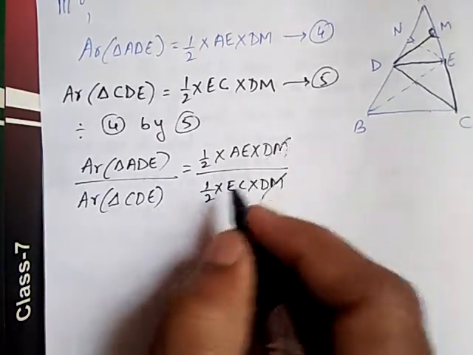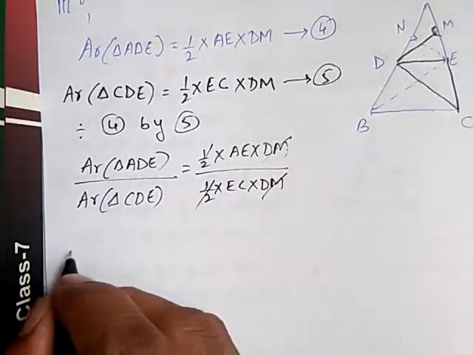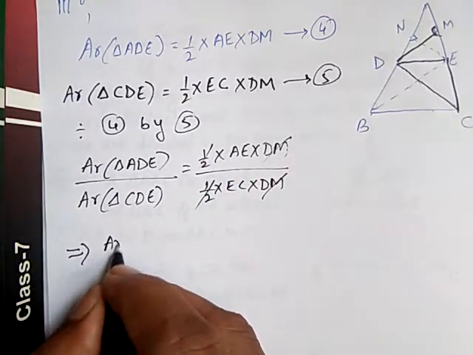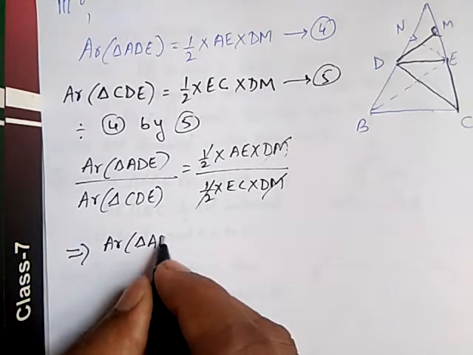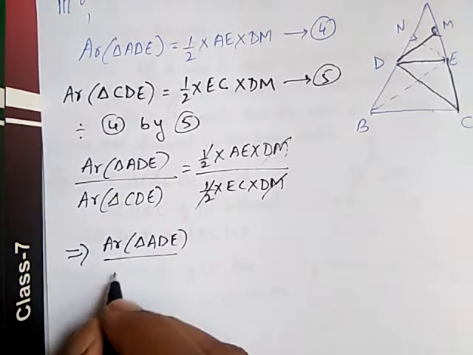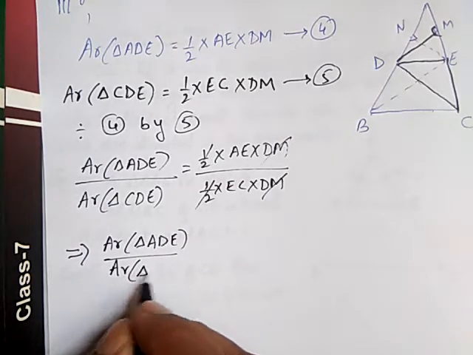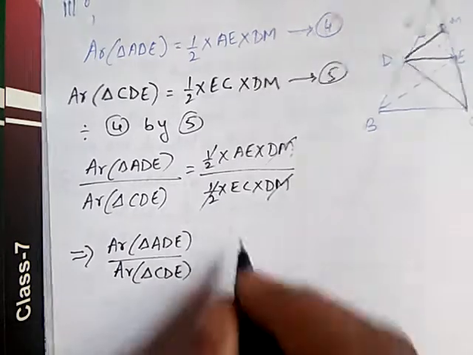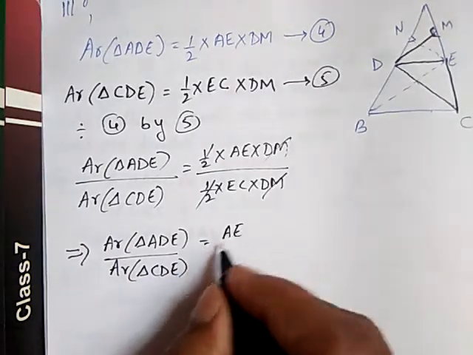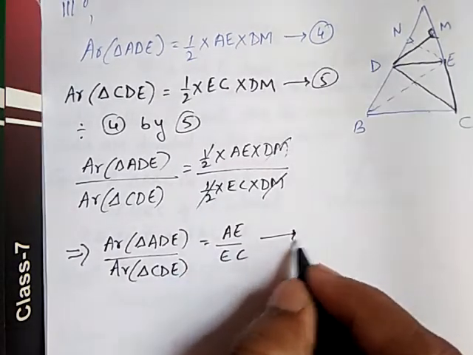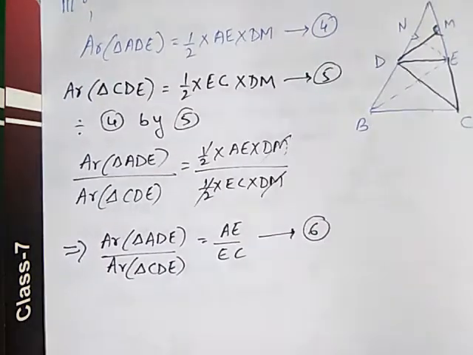So DM gets cancelled, half gets cancelled. So this implies area of triangle ADE divided by area of triangle CDE is equal to AE divided by EC. Call this equation number 6.